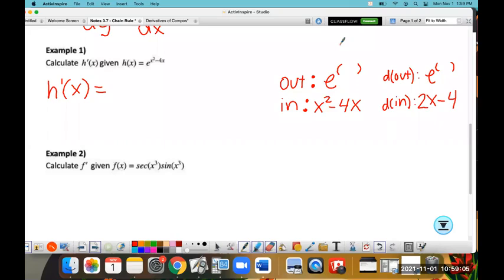Anyone want to give it a go? Carly? It would be 2e^x times 2x minus 4. What did you have written first?